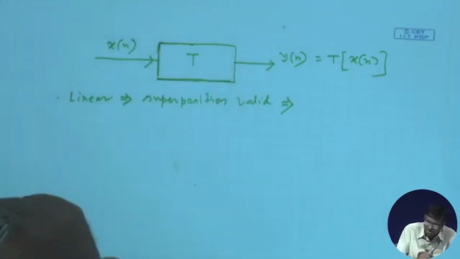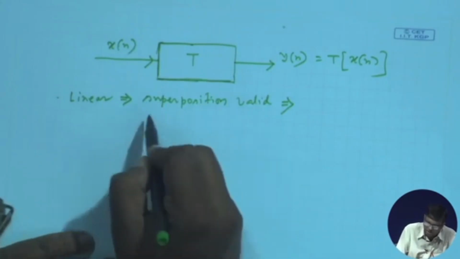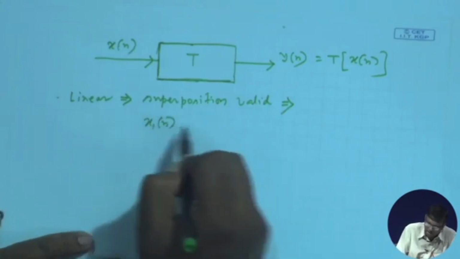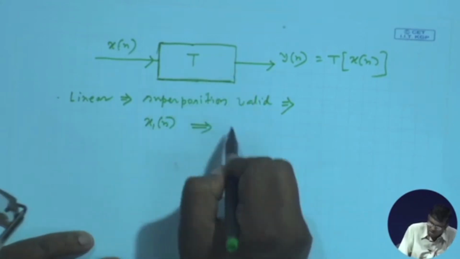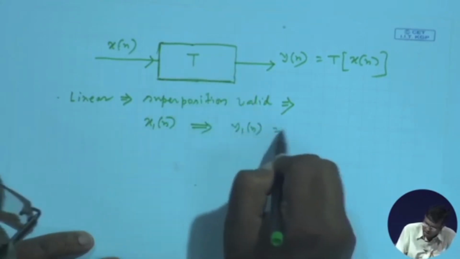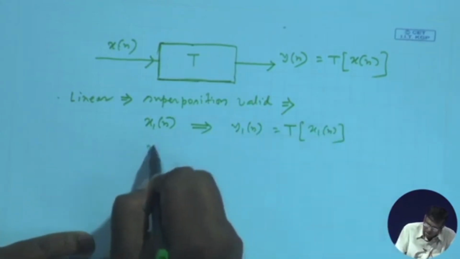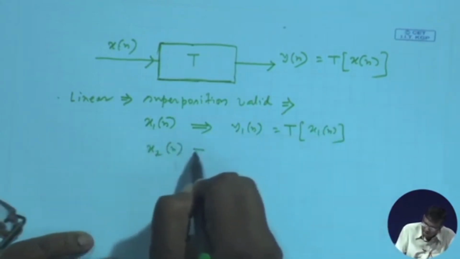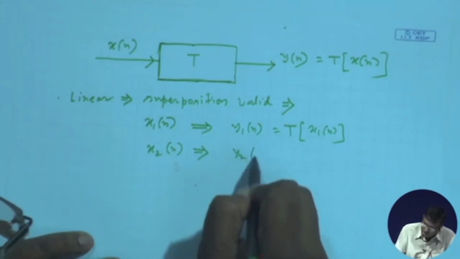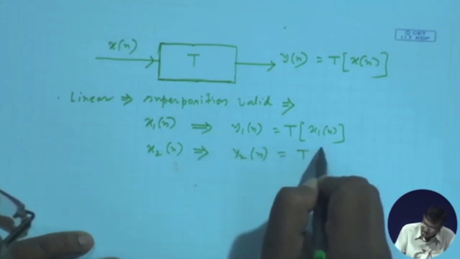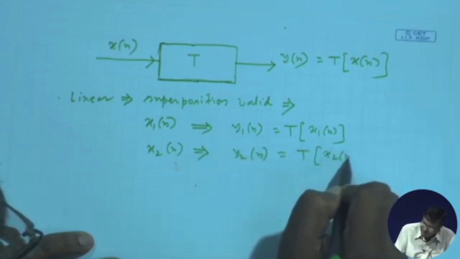If it is linear, superposition will be valid. Suppose I give one input x1[n] and the output is y1[n], which is nothing but T working on x1[n]. Suppose I give another input x2[n] and find out the output, and I call it y2[n], which is nothing but T of x2[n].